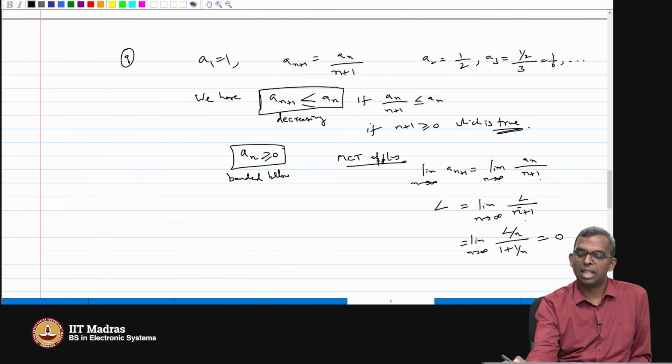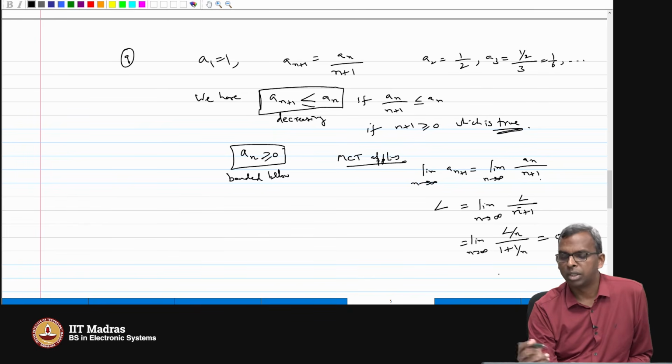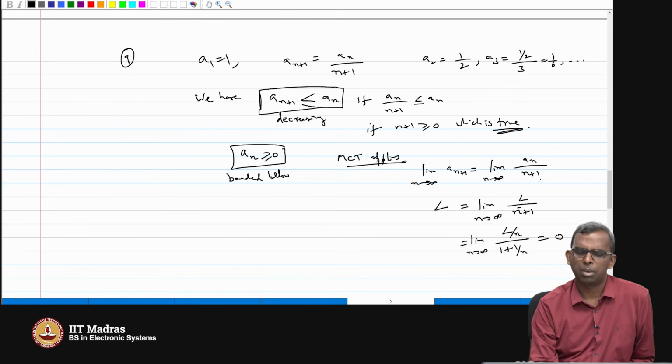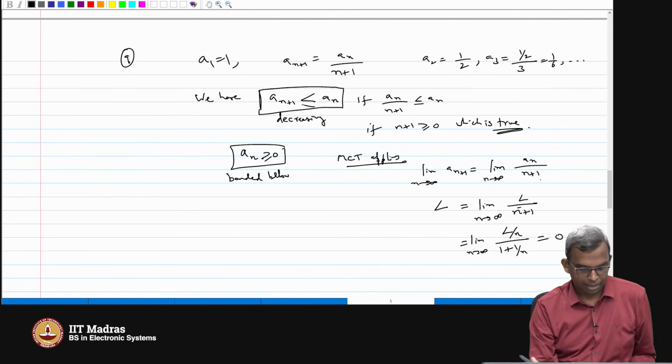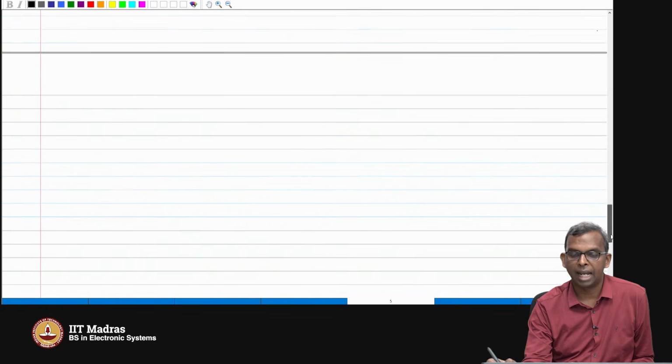So, once I have this L by n, L is finite. So, L by n is going to go to 0, this whole thing is going to go to 0. Just a quick argument to show how to work with taking limits on both sides of a recursion when n is around. Okay. But even otherwise, maybe you can argue that this limit will be 0 quite nicely. Okay. So, that is the MCT for question number 9.